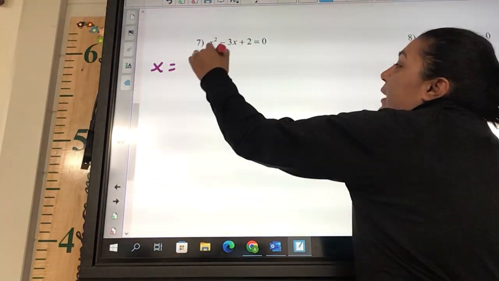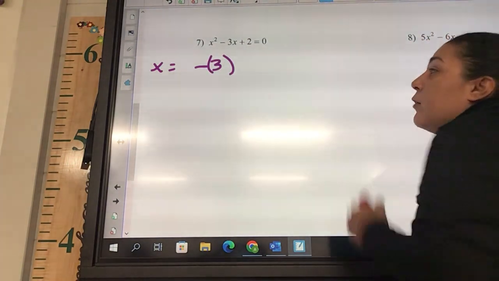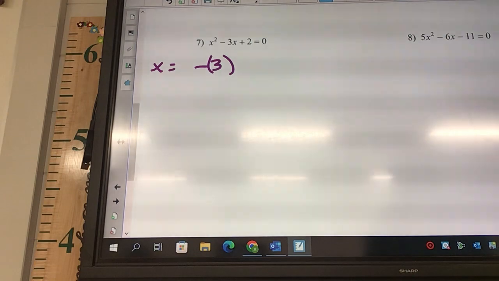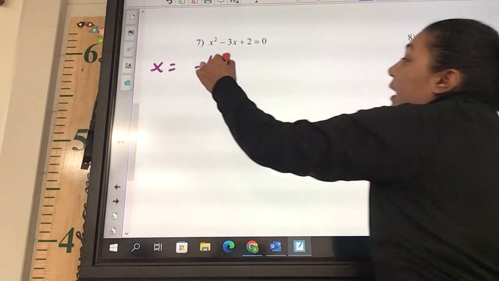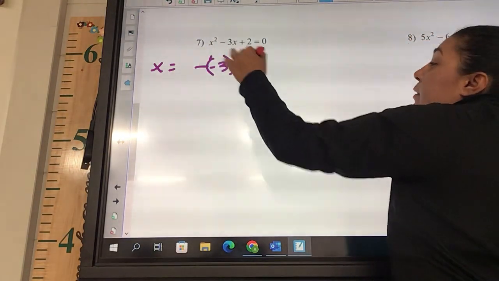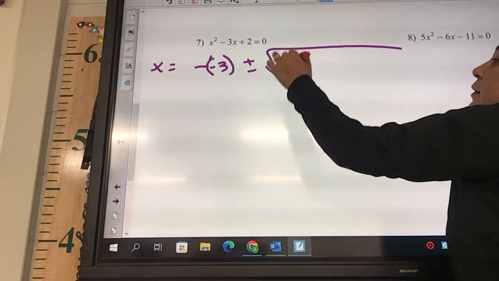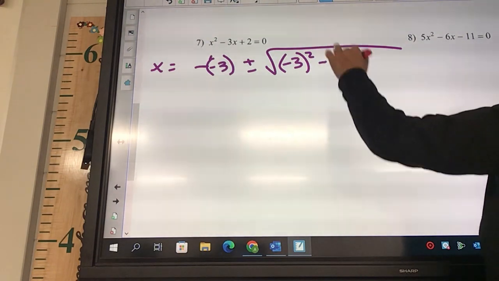X equals, we got negative b. Oh, I did something wrong. What's wrong with mine? Yeah, okay, so this should be negative 3 here. Plus or minus b squared minus 4 times my a.